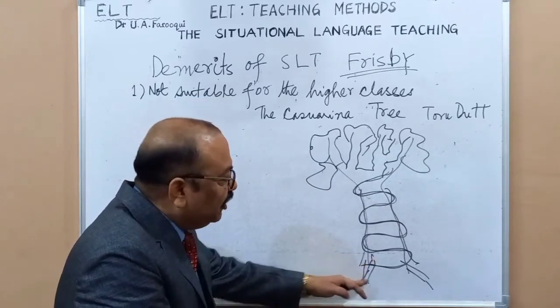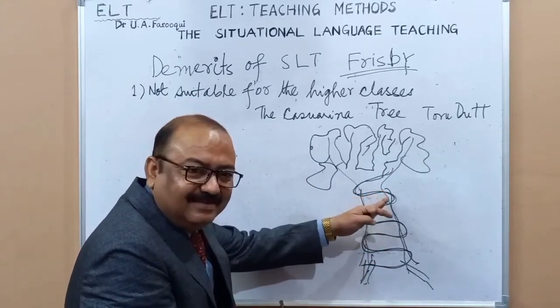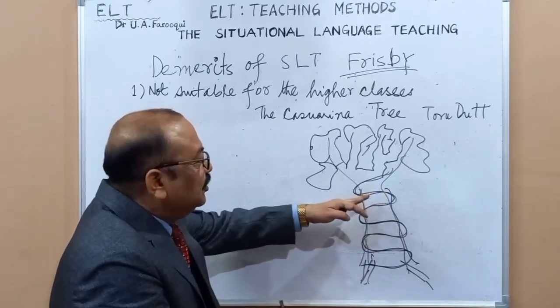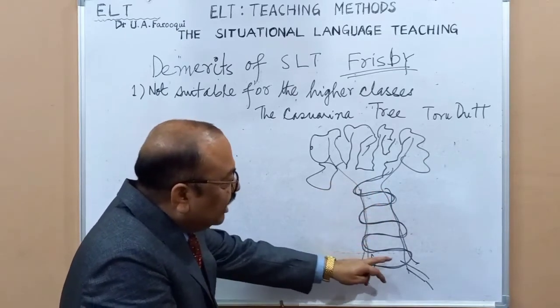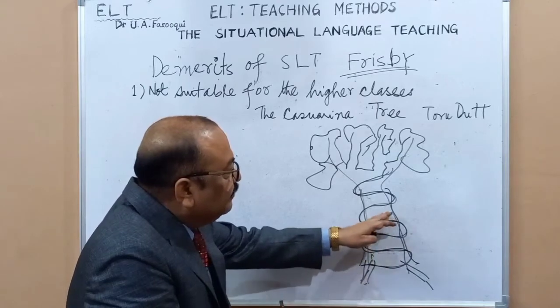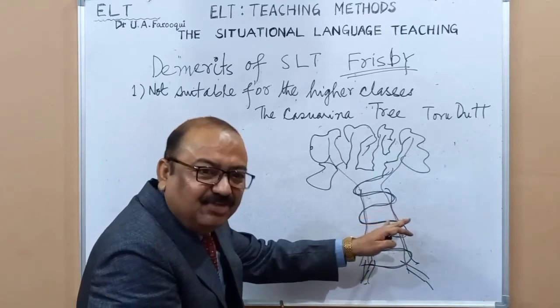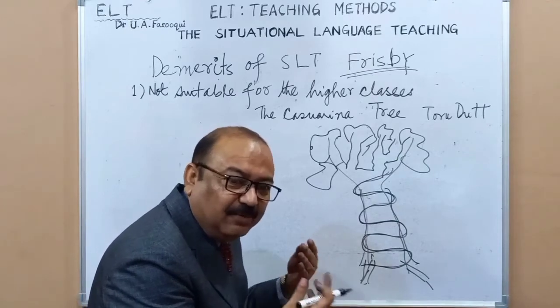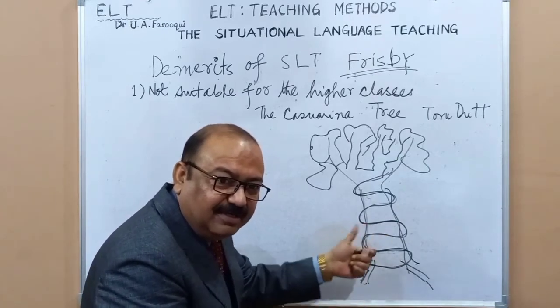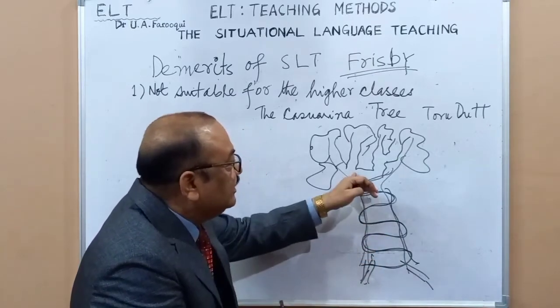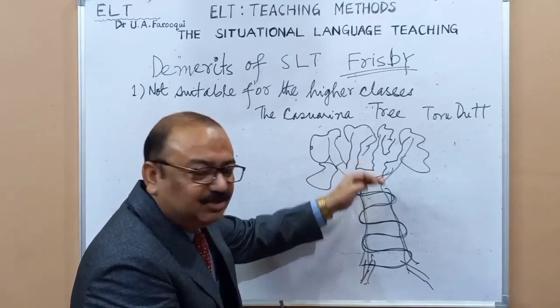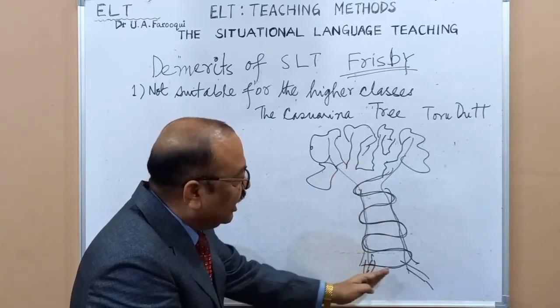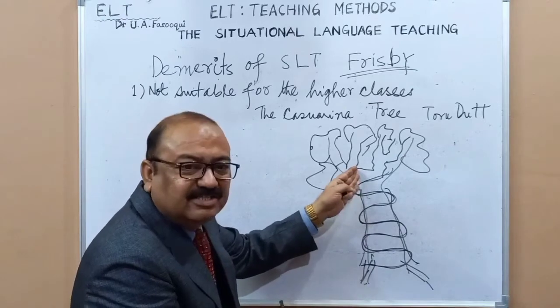So I make a picture like this, and although this ivy is very strong, and any other fragile tree would have strangulated, would have given in because of the strength of the ivy, this tree is even stronger. So it wears this ivy like a scarf.